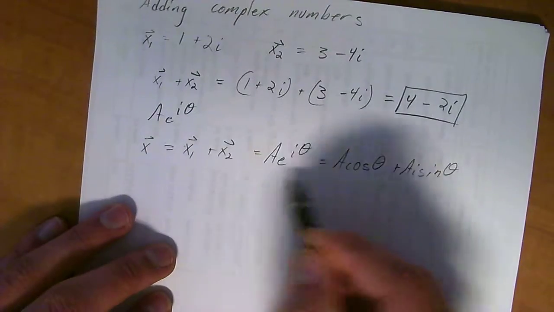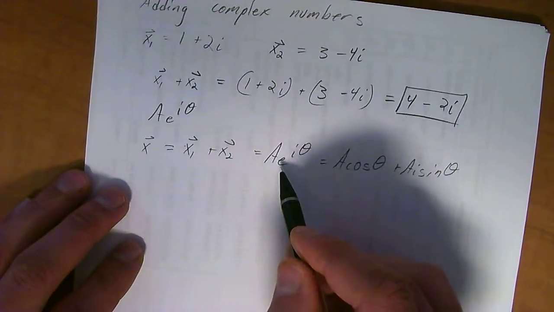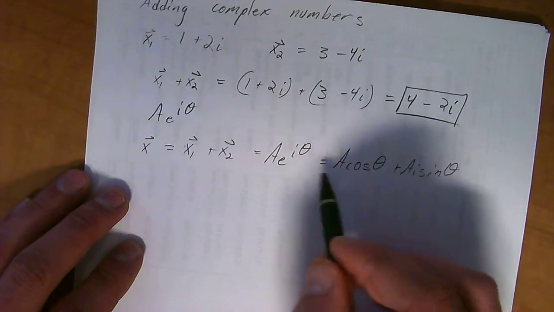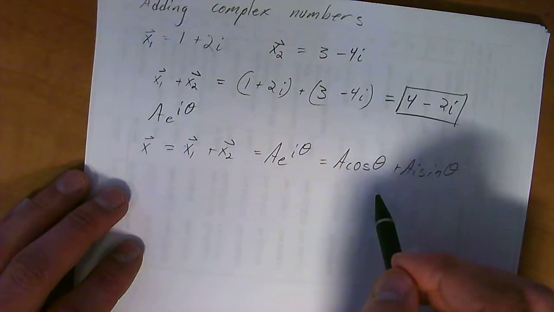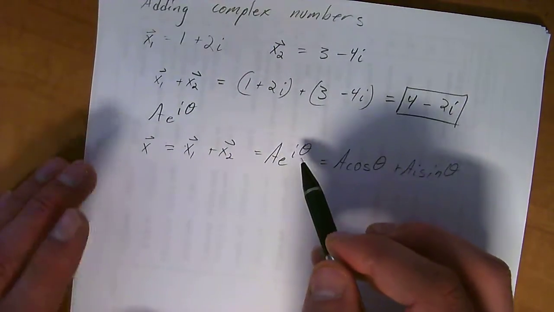So this is Euler's equation, or Euler's identity, whichever one you've been shown it as. And basically this is a conversion from trigonometric units to basic numerical units and exponents.